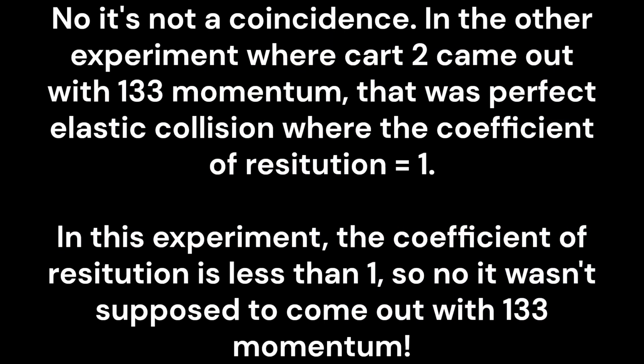In the other experiment where car 2 came out with 133 momentum, that was a perfect elastic collision where the coefficient of restitution was 1. And in this experiment, the coefficient of restitution is less than 1. So no, it wasn't supposed to come out with 133 as momentum.